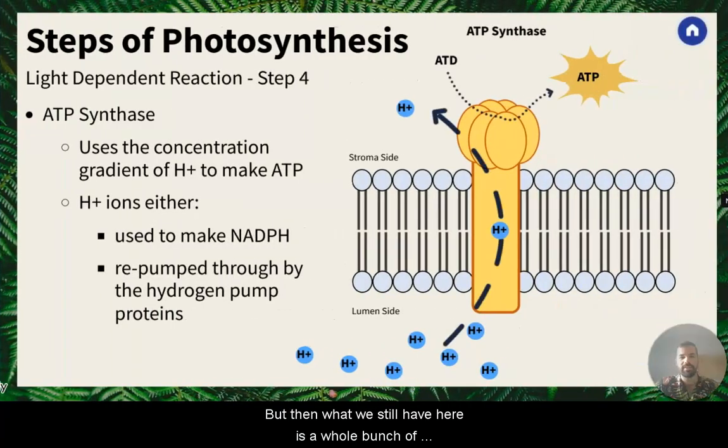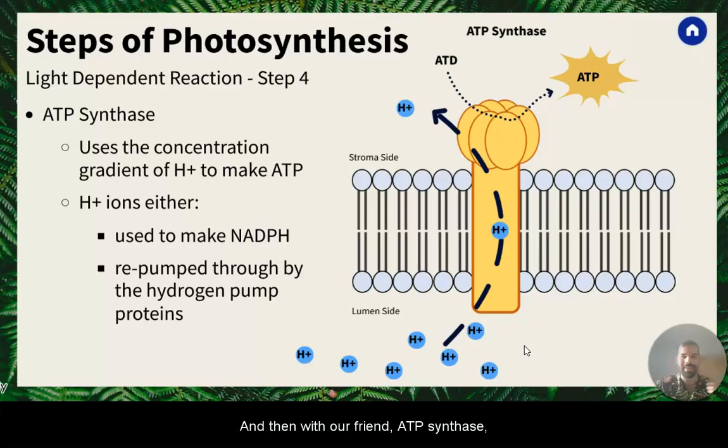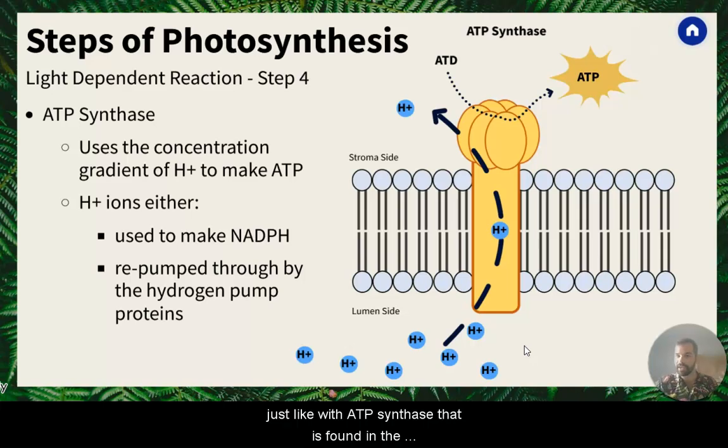But then what we still have here is a whole bunch of hydrogens that have gotten pumped to this lumen side of the thylakoid. And then our friend ATP synthase is in the membrane of the thylakoid. There's a concentration of hydrogen ions, just like with ATP synthase found in the mitochondrion that helps produce the bulk of ATP in cellular respiration.